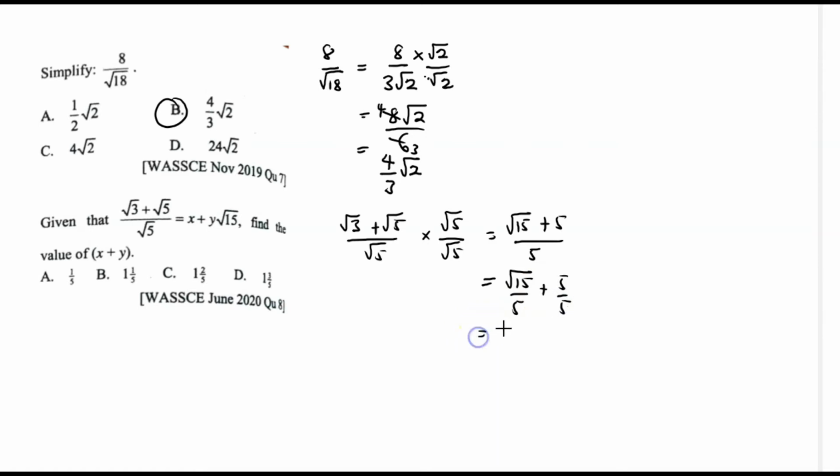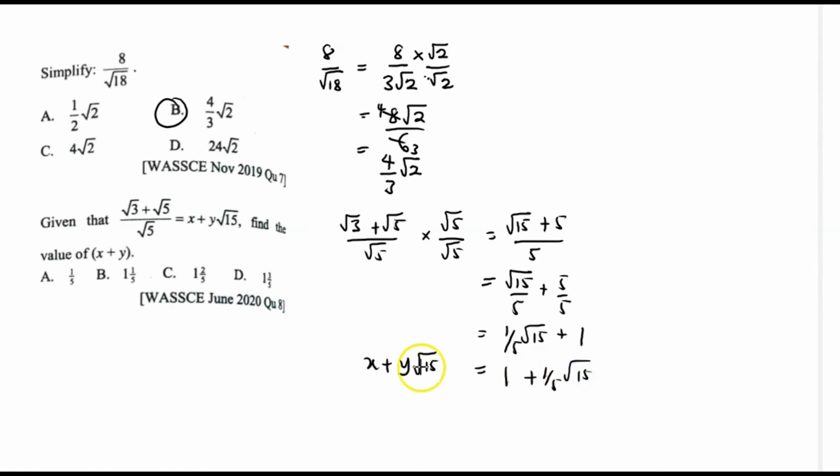And this is the same as 1 over 5 root of 15 plus 1. But remember, we are told that our answer must be in the form x plus y root of 15. Then there is a need for us to rearrange the position of the terms we have as our answer. So that is going to give us 1 plus 1 on 5 root of 15.